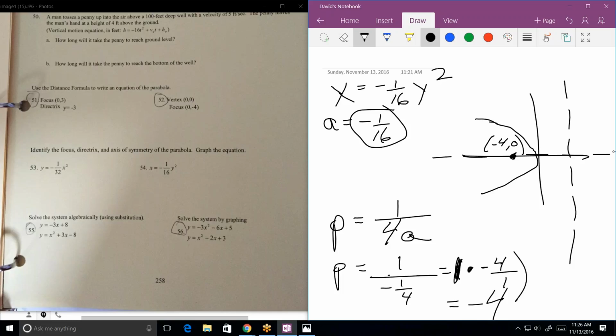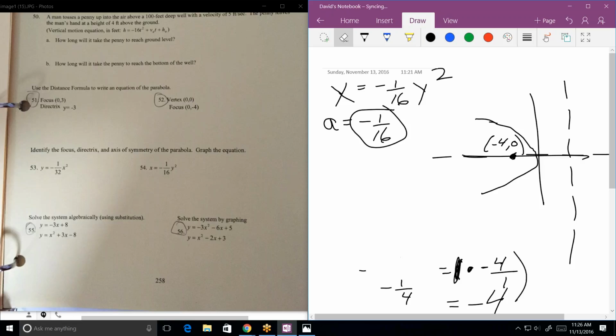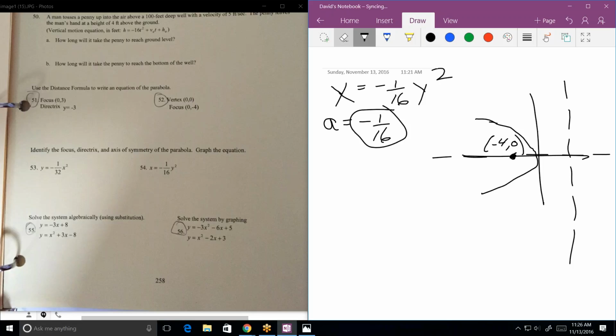What's the equation of the directrix now that we have the focus? x equals 4. Good. And what is the equation of the line of symmetry?